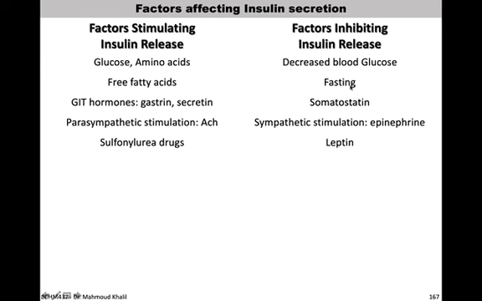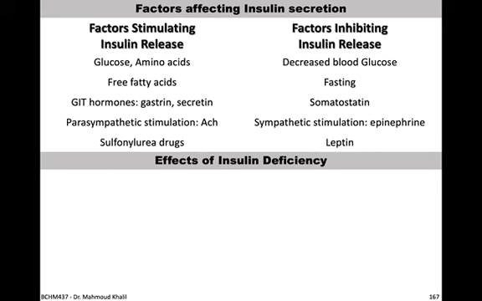While the factors that inhibit insulin release are, of course, decreased blood sugar level, fasting, somatostatin, and sympathetic stimulation by epinephrine. And one of the important hormones is leptin, which controls the fat deposit inside our body.